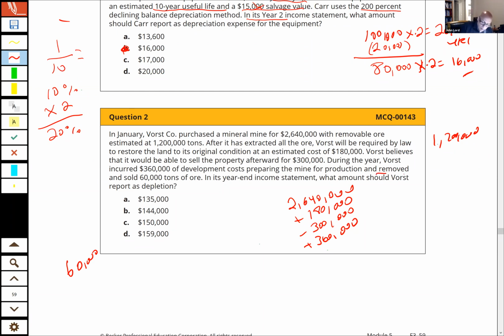Oh, they removed and what? Sold 60,000 tons. So this question is being a little cute in how they're asking what the cost of goods sold should be, because it's reported on the income statement. Sometimes I find it annoying when questions ask what the depletion expense is, then you should go by the amount that they sold in calculating that.